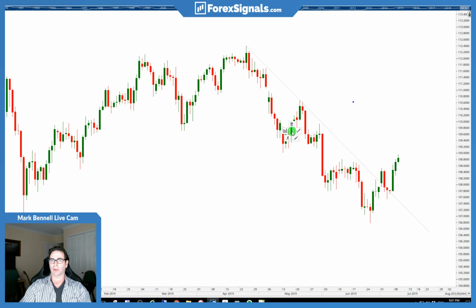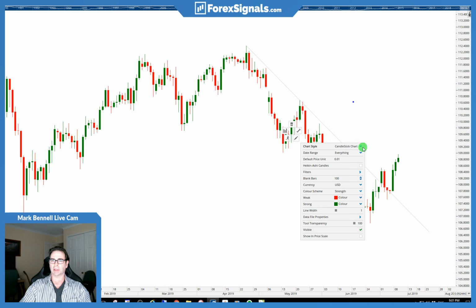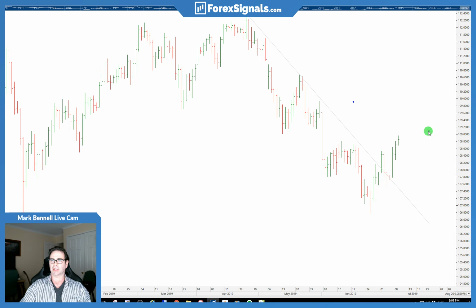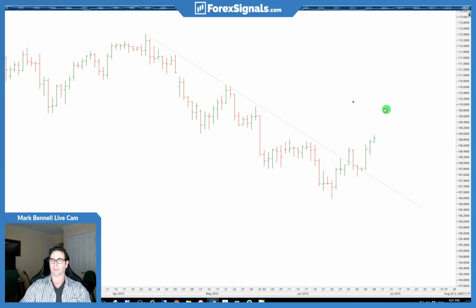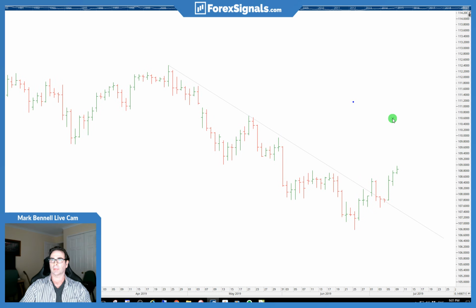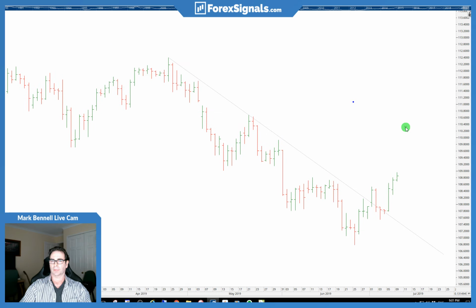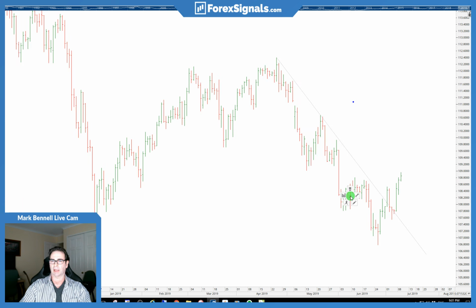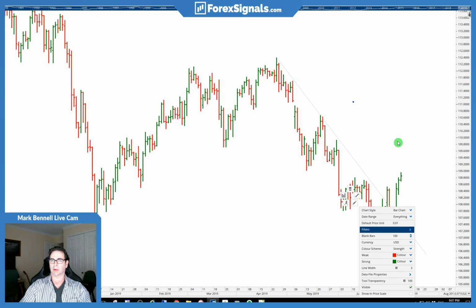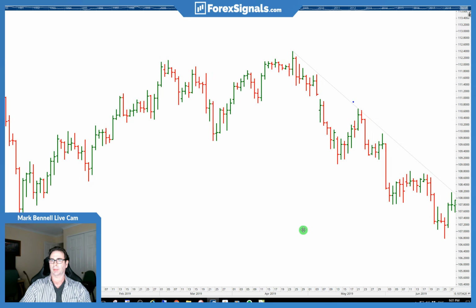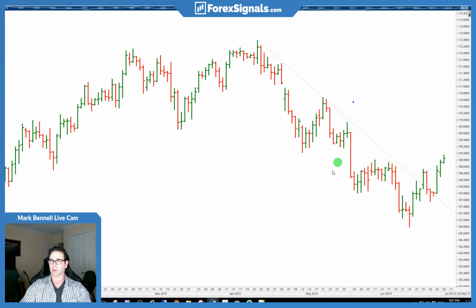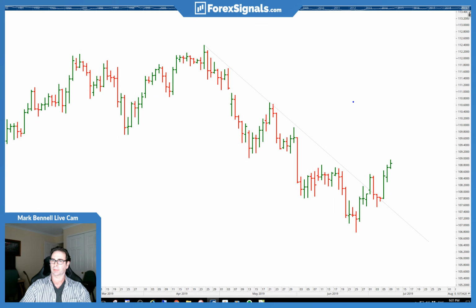Now, I can read the same sentiment on a bar chart. Right, so there's a bar. Let's increase the light so we can see. I can still see it straight off. I can see the swings. These are true swings in price.